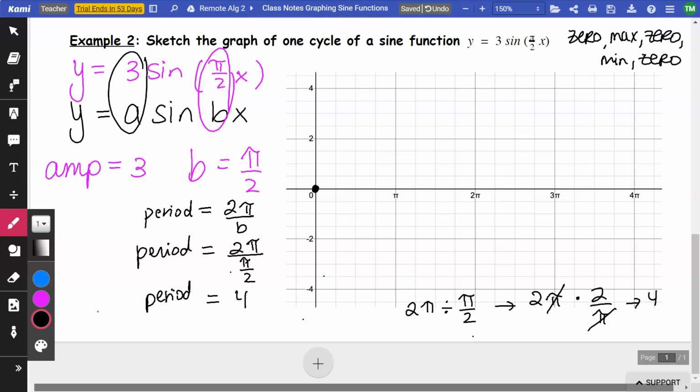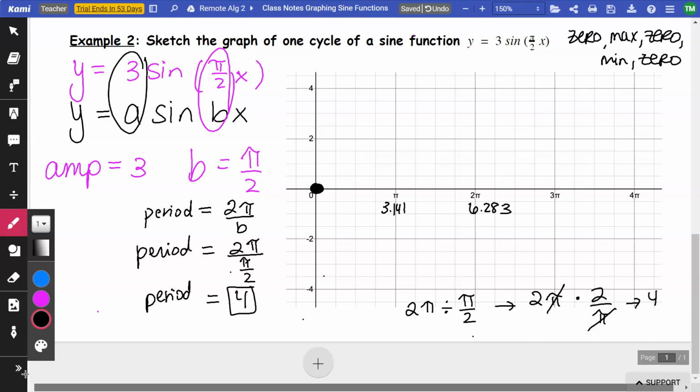So the first 0 happens at 0, and the last 0 has to happen at 4 because we have a horizontal distance of 4. So where does 4 occur on this x-axis? Well, I know pi is relatively 3.141. And then 2 pi is just 2 times pi, which is 6.283, etc. So if this is 3.141 and this is 6.283, it has to happen somewhere in here.